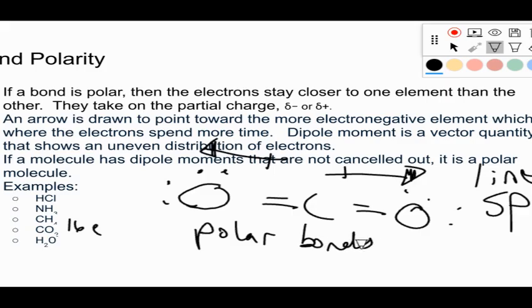That's why I drew the dipole moment, because that only occurs for polar bonds. But it's like a tug of war. If I were standing in the middle and each of these were pulling with the same exact magnitude against me, I would not move. I am going to have an equal force pulling on either side of me. When that happens, it becomes a nonpolar molecule.